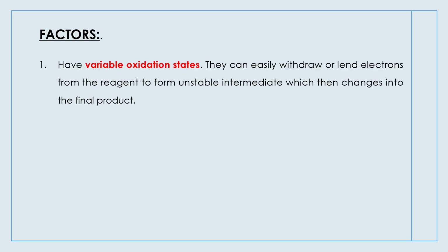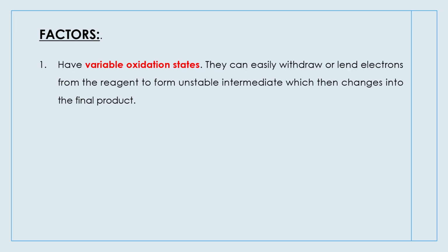And what was the cause of this variable oxidation state? Because of the small energy difference between the 3d and 4s orbitals. This variable oxidation state can easily make them withdraw or lend electrons from the reagent, which forms the unstable intermediate, which then ultimately changes into the final product.